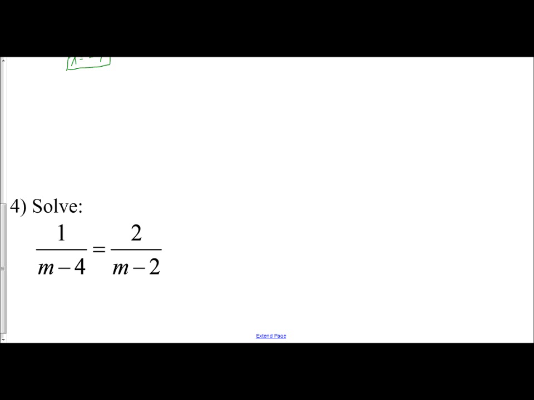I still have two fractions equal to each other, so I'm going to apply my cross multiplication approach. It's a lot easier to do, and it's something you're already confident with by the time you are in Algebra 2. So use it. So in cross multiplication, you still have to keep in mind your excluded values. You set the denominator equal to 0.